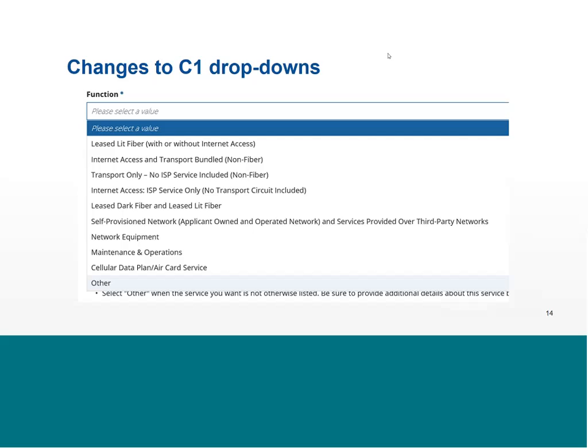I don't think in any case in any library in the state there are any exceptions to these rules. So when you file for Category 1 services, you're going to select lit fiber and the internet access transport bundle, and that way you are covered. The vendors that provide fiber but not copper, and those that provide copper but not fiber, can all see your bids, and that way you are going to avoid the open and fair bidding violation that Candace was referring to.